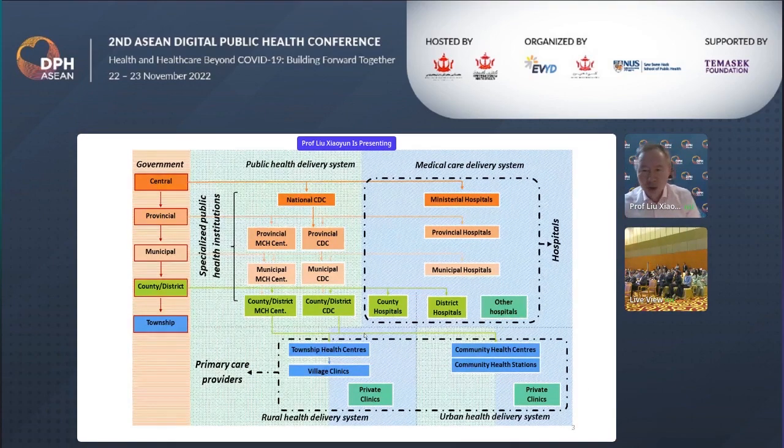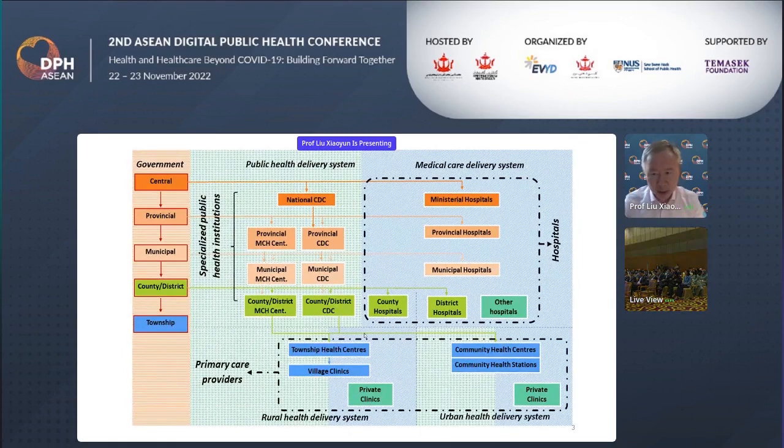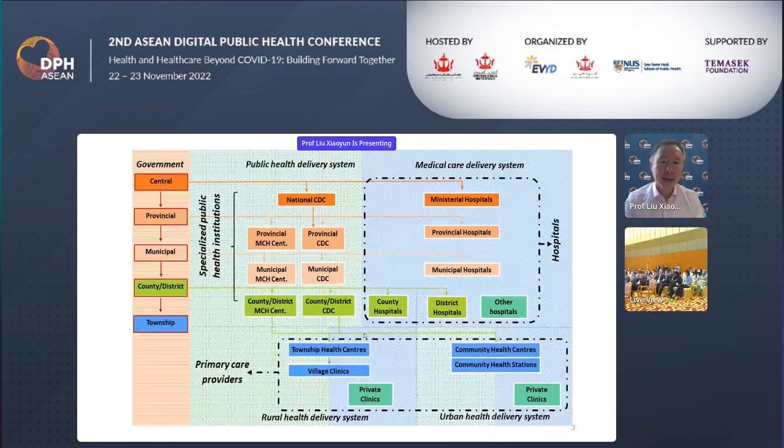The management of these hospitals, including financial and personnel management, belongs to the same level of government, the health bureau or health authority of the same level of government. Different levels of hospitals do not have direct links between each other.